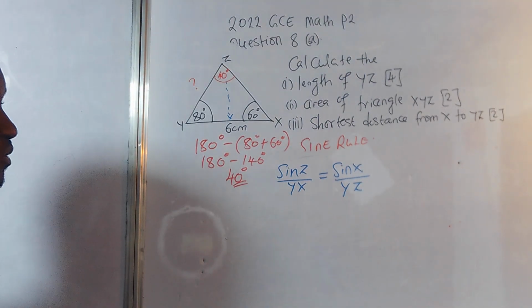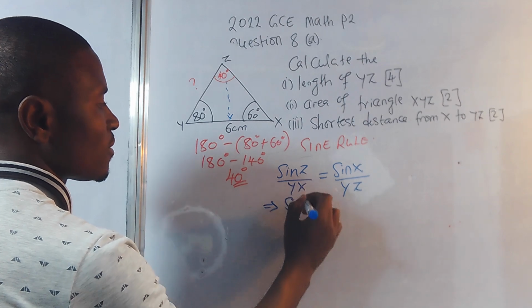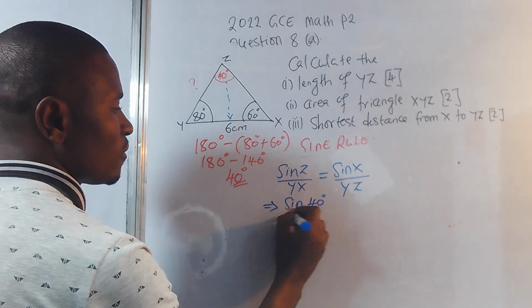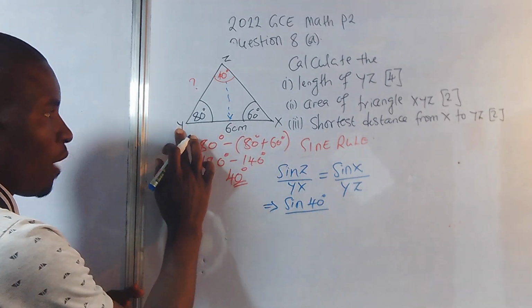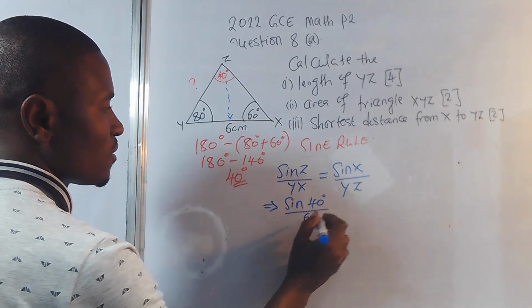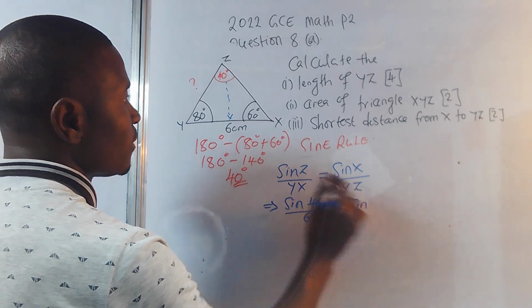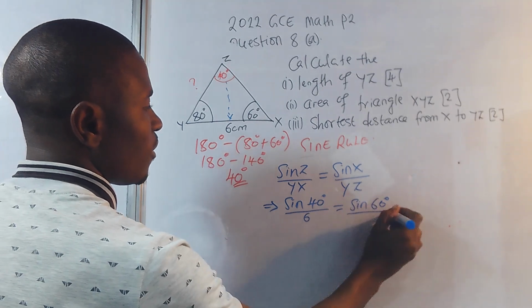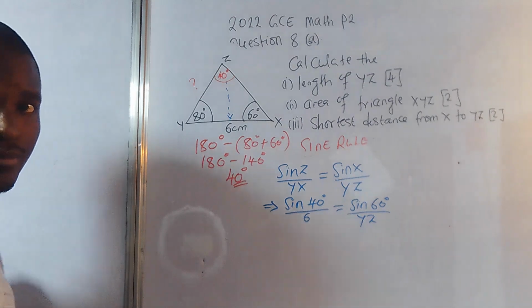And then now we can substitute. Sine Z is just this one, 40, divided by YX, from Y to X, that is just 6, equals sine X, which is 60, over YZ.